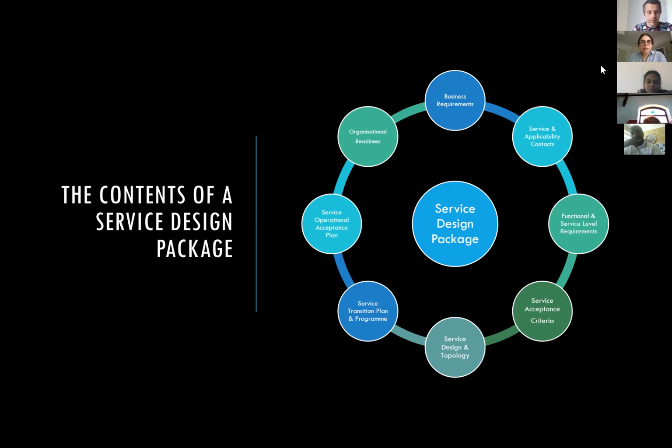I've had service design packages which have actually encompassed non-functional requirements as well. Again, because it's so broad, I'm just touching on functional requirements because that's what the breadth of them do in terms of delivery. Defining what your service acceptance criteria is, because that's going to differ from service to service.